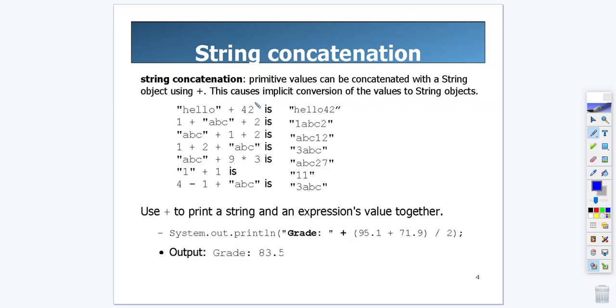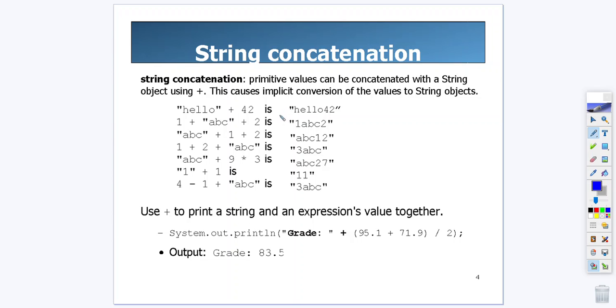So, string concatenation. We've dabbled with it a little bit in our print line statements, but we can join together strings with other strings, or we can join strings with primitive values by using this plus operator. And if I am joining a string with a primitive value, it implicitly converts our primitive data to a string.